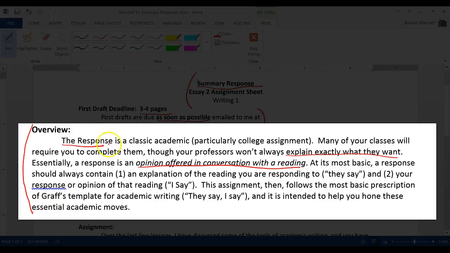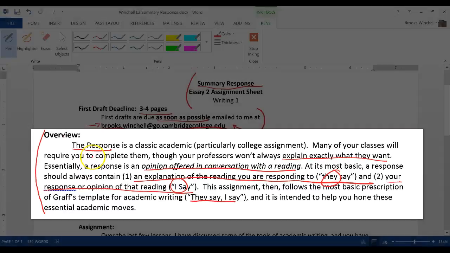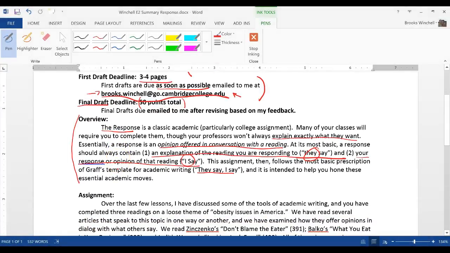At its most basic, a response should always contain an explanation of the reading that you're responding to, or a summary, they say, and your response or opinion based on that reading, an I say. So this assignment follows the most basic prescription of Graff's template for academic writing, They Say, I Say, and it's intended to help you hone some of those essential academic skills that we've been talking about in Lessons 9, 10, and 11. So that's the overview for the assignment.